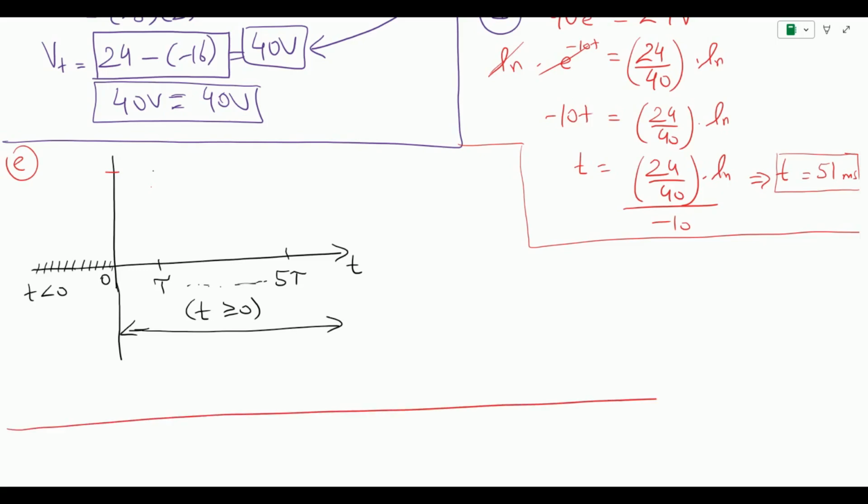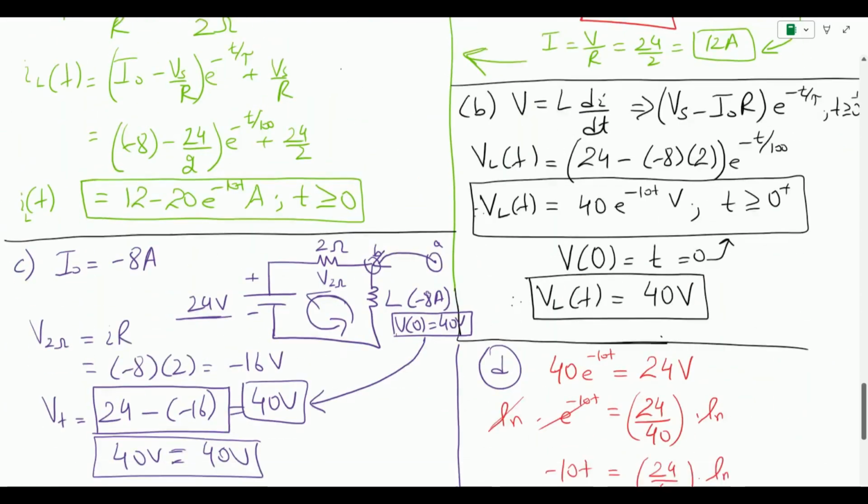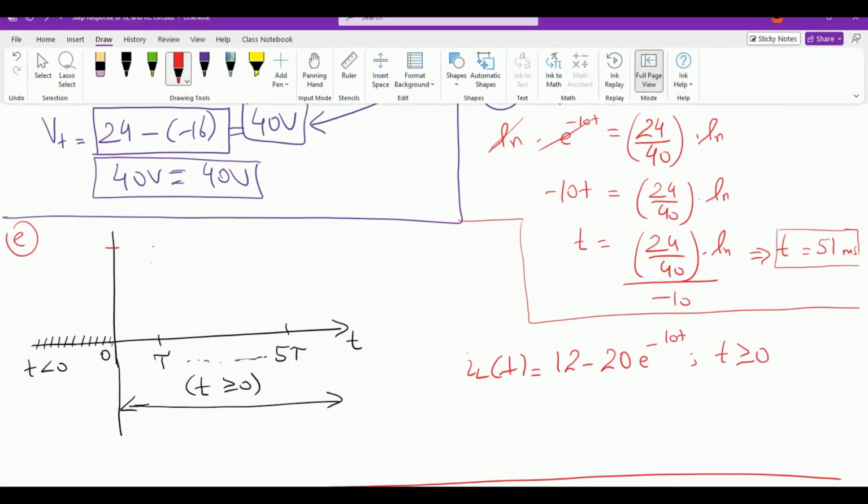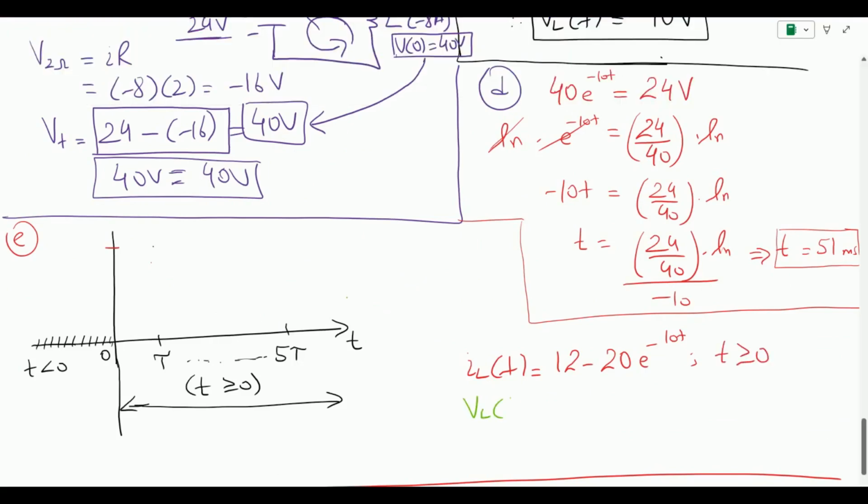The current's value that we got was 12 minus 20 e raised to power minus 10t for t greater than or equal to 0. And for the voltage, we got the value of 40 e raised to power minus 10t for t greater than or equal to 0. So for both of these cases, just put the value of time from 0 to infinity and we should get our behavior.